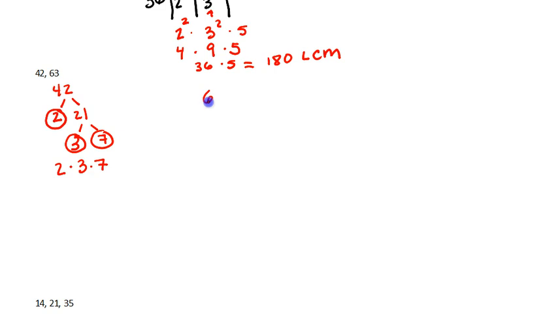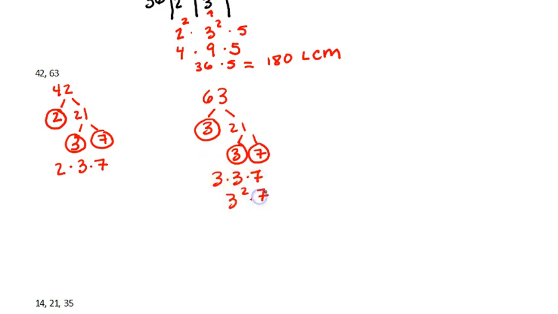Now let's do number 63. Well, we know that 3 goes into 63 21 times. And then we have 3 and 7 again. So the prime factorization of this one is 3 times 3 times 7, or 3 to the second times 7.